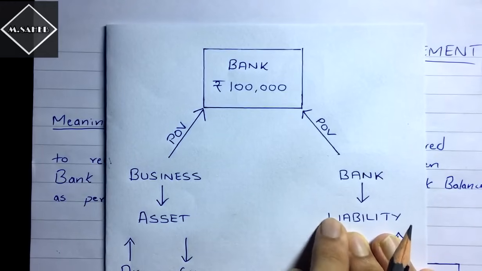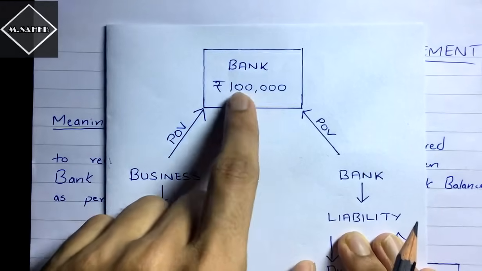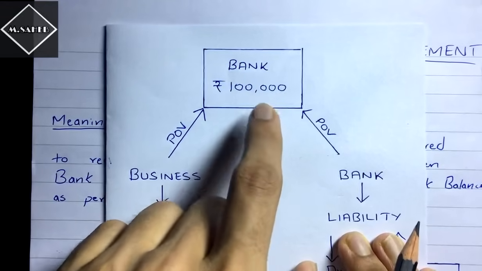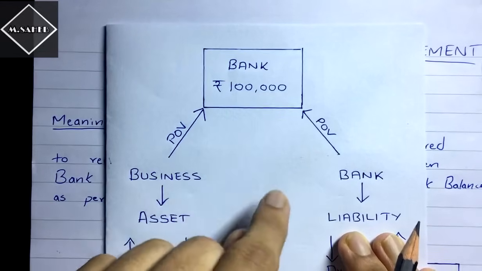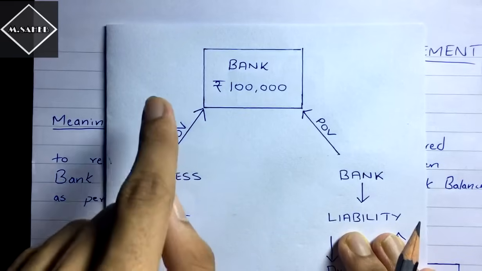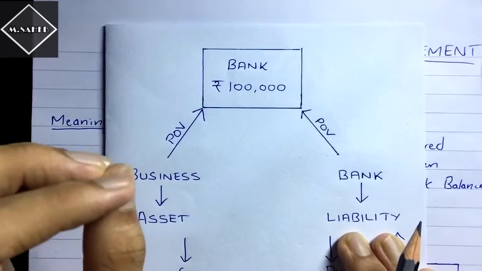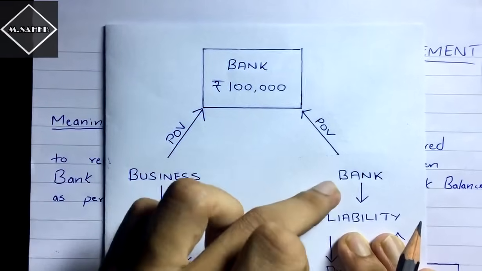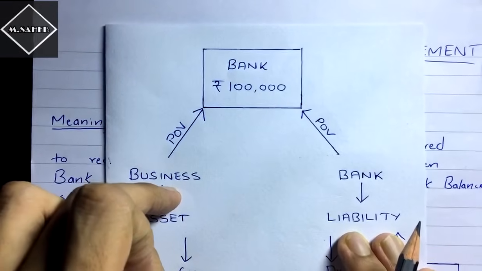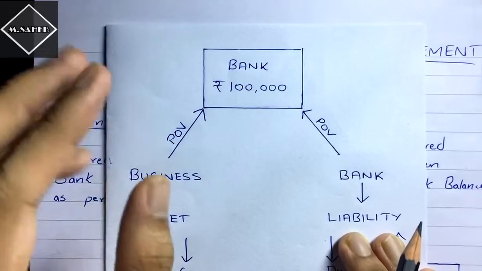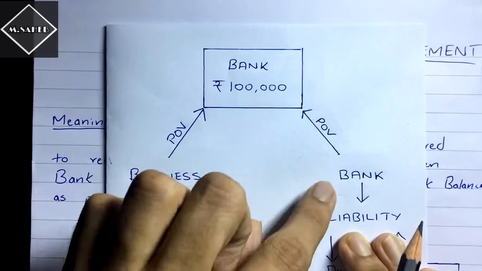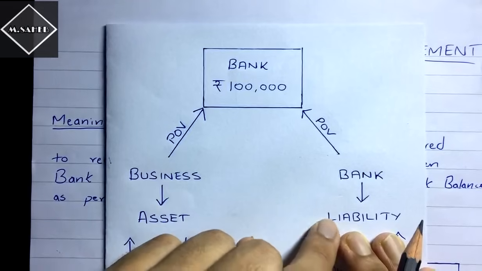It is liability because bank doesn't own it, but bank is just keeping it, so it has to pay it back, right? Whenever the business demands it through ATM or POS or anything, demand draft, pay order, then the bank has to pay it back to the business, right? Or whatever the business says, pay to this person, like that. So the bank has to do that. So it is liability for the bank.